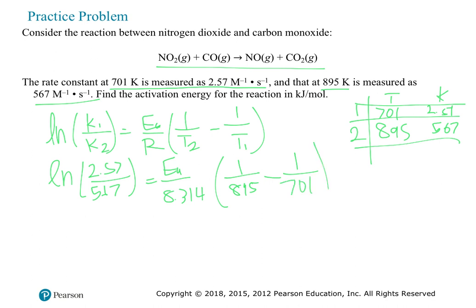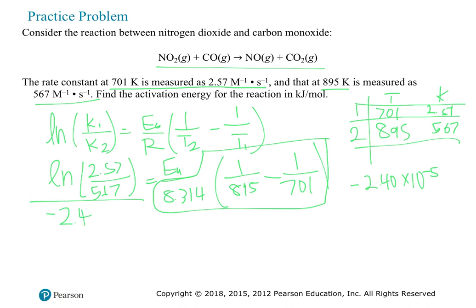So we want to take this whole thing. The number I got was negative 2.40 times 10 to the negative fifth. And we're going to divide that over here. So divide by 2.40 times 10 to the negative fifth.